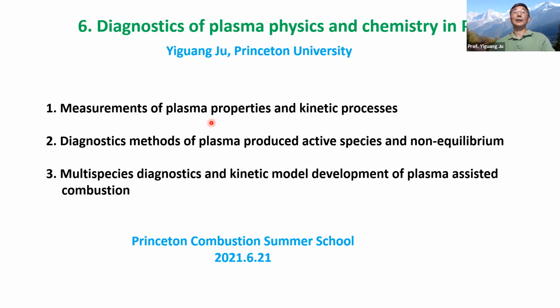Then the diagnostic methods to measure key active species so that we understand the kinetics, and non-equilibrium, for example, vibrational temperature, rotational temperature, and non-equilibrium processes. And we talk about multi-species diagnostics to develop a chemical kinetic model for plasma-assisted combustion or chemical conversion.